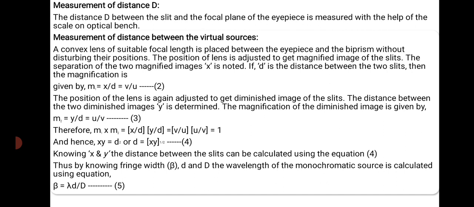Knowing x and y, the distance between the slits can be calculated using equation 4. Thus, by knowing the fringe width beta, small d and capital D, the wavelength of the monochromatic source is calculated using the equation beta is equal to lambda D divided by small d. Call it equation number 5.